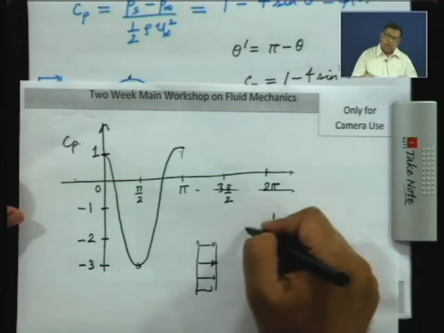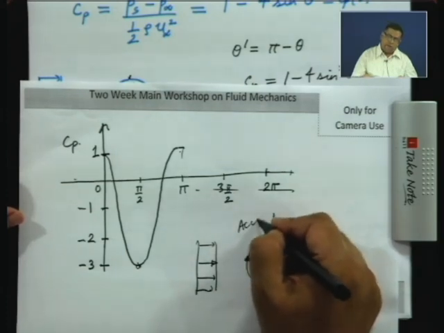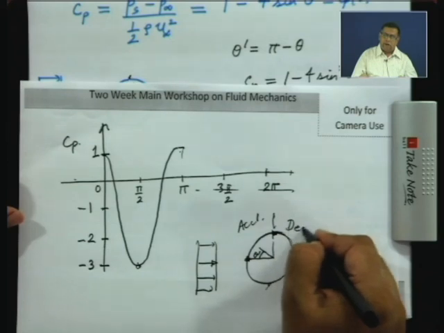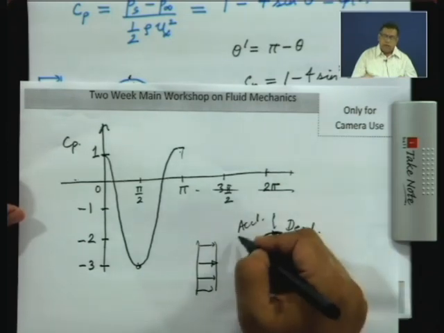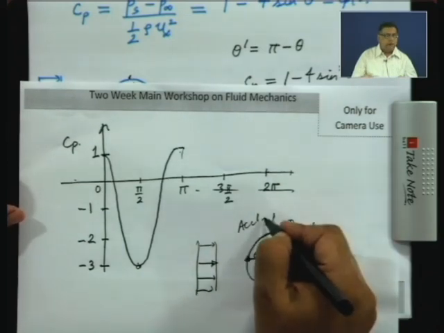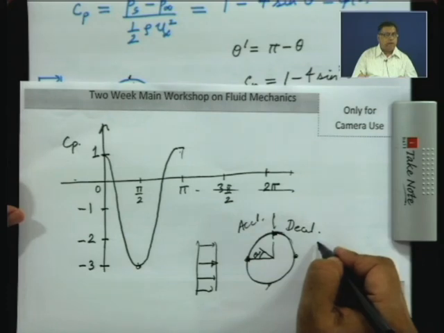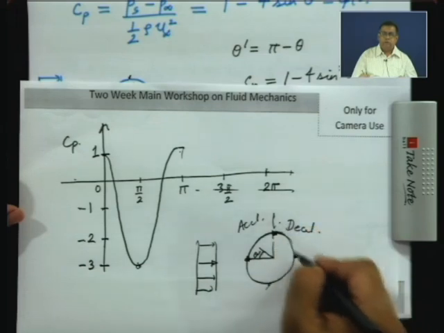So, this part is an accelerating flow and this part is a decelerating flow. So, here you will have a favorable pressure gradient and here you will have an adverse pressure gradient. So, according to potential flow theory, flow separation is likely to occur on the rear side.